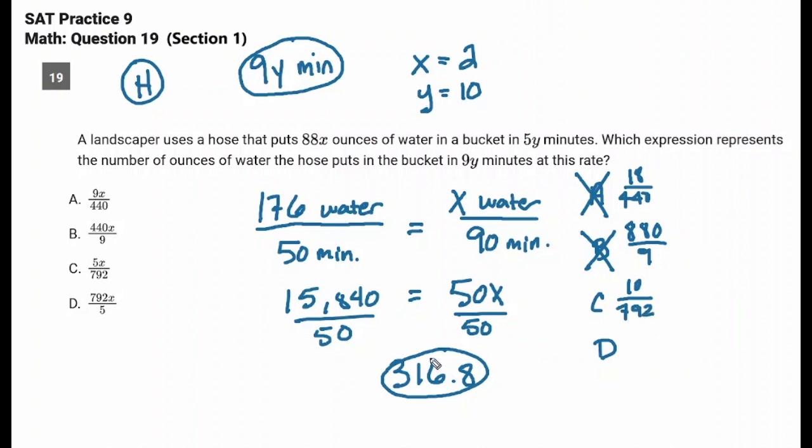Is that going to be 316.8? No. Oh man, I hope this works. 792 times 2 over 5. Obviously calculator math. Guess what? When you do that math, you're going to get 316.8. So D's the answer. You get it right, you move on really quick, and I want to remind you that it does not matter what numbers you plug in. Any numbers will work.